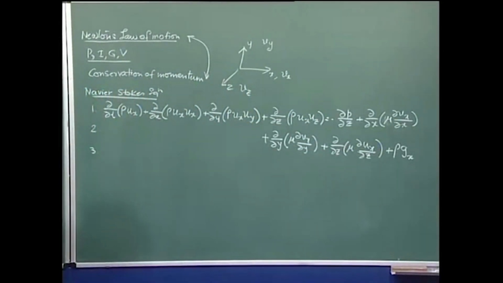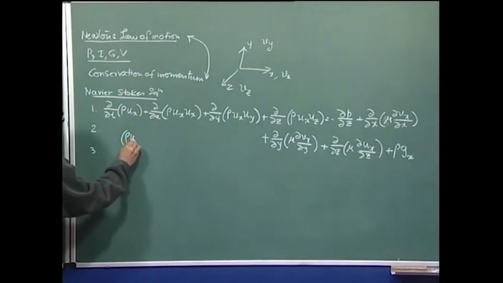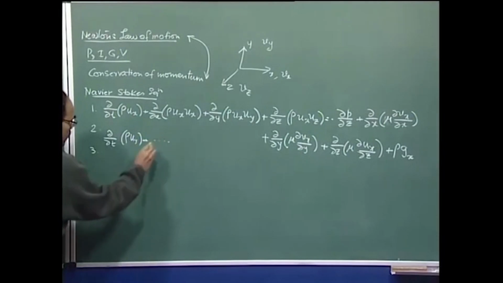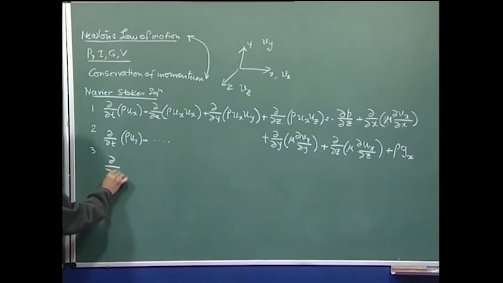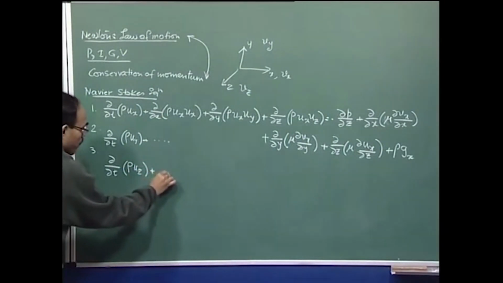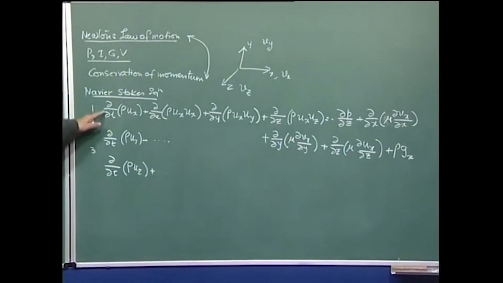So, we have the x component of the momentum equation, then similarly a y component, and a third equation. Note that I have written these equations in the unsteady state mode, because I have a net rate of accumulation term; in steady state this derivative term becomes equal to 0.